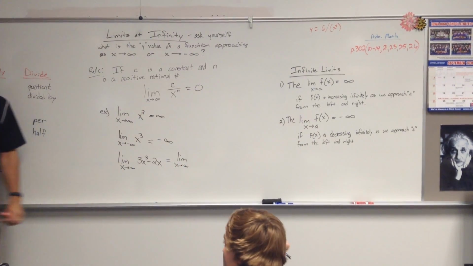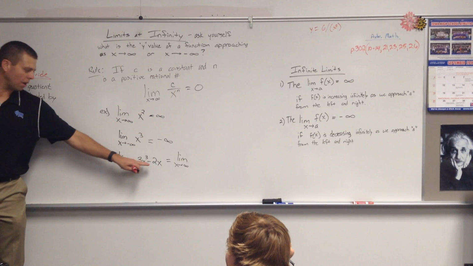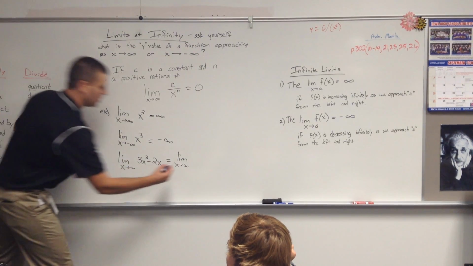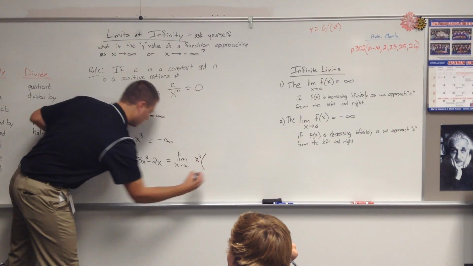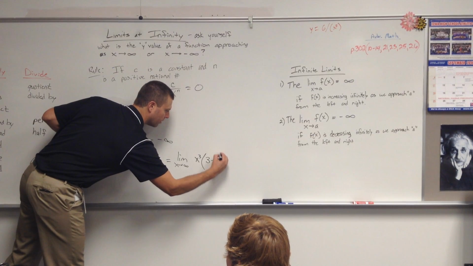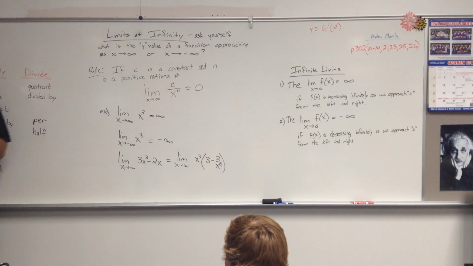What I'm going to do is factor out an x cubed from each term. So that would leave me with x cubed times 3 minus 2 over x squared. I'm dividing each term by x cubed.